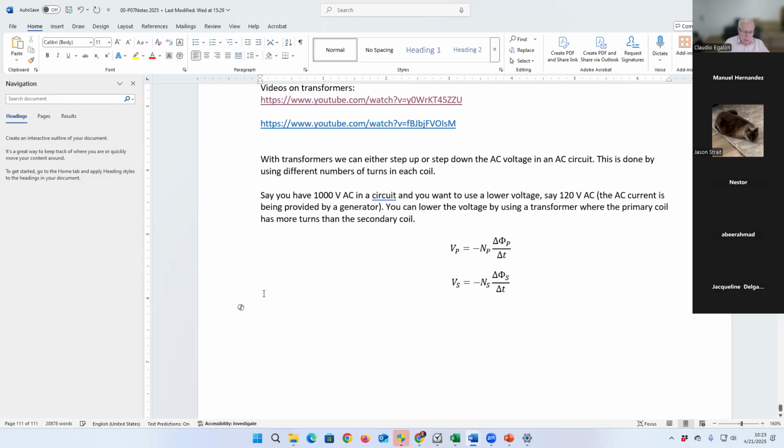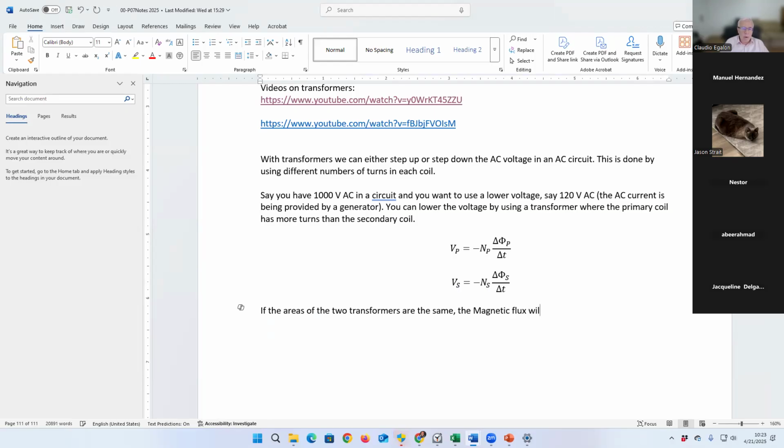If the areas of the two coils are the same, the magnetic flux is going to be the same too.